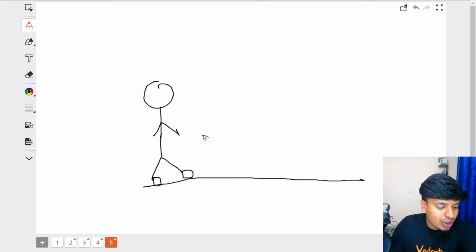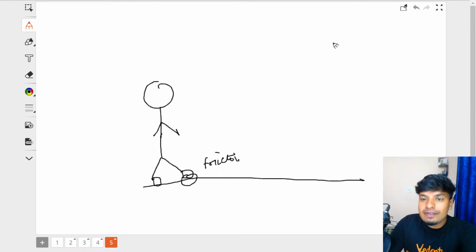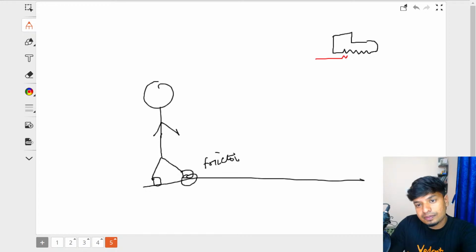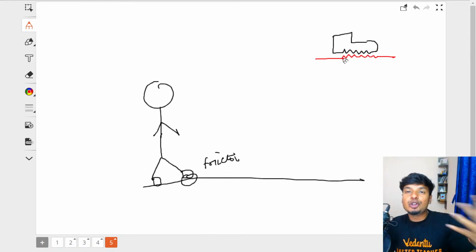Now, where is friction, guys? There is friction between Guddu's legs and the ground. Let's zoom in on that. When we zoom in, we can see Guddu's shoes are like this and the floor is like this. Interlocking is happening. Friction is occurring. He is able to walk.